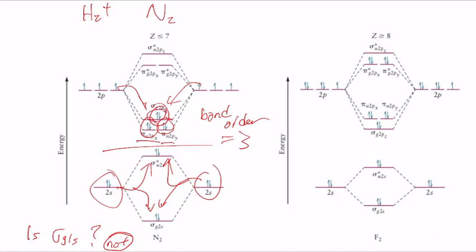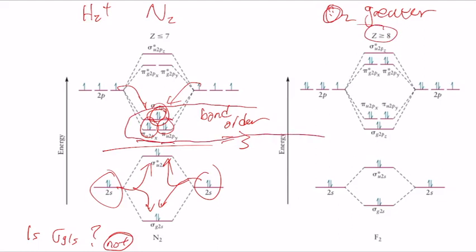Interestingly, once we go to O2 and greater, and that is everything else in the periodic table, O2 and greater Z, is going to have a different order here. Okay? Before it used to be like this, now it's like this.